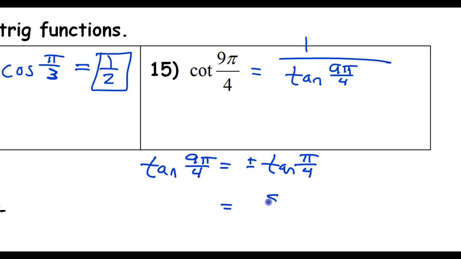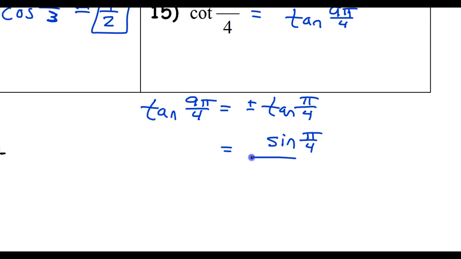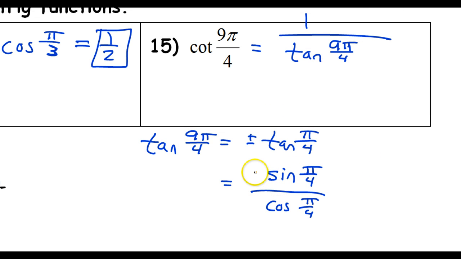So tangent is going to equal sine of pi over 4 divided by the cosine of pi over 4. Okay, and we just have to be careful of the signs here. So let's figure out what the signs are, meaning are they positive or negative.